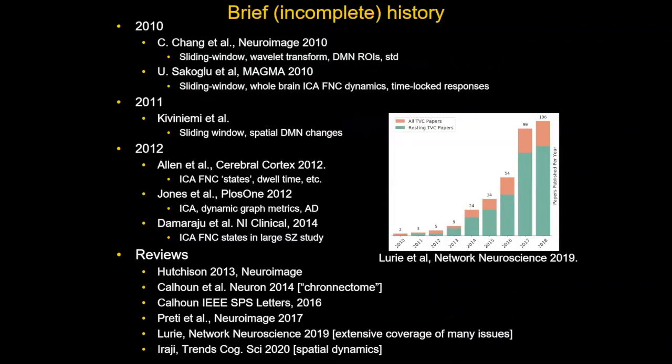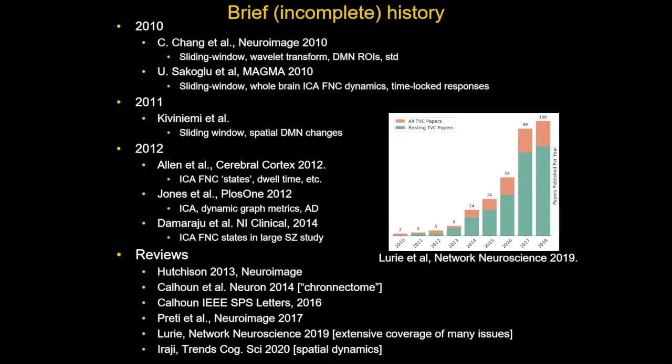In terms of history, in 2010, a couple of papers came out that introduced sliding window approaches focused on either time frequency or whole brain ICA dynamics. And that's really when I think whole brain dynamic connectivity began.